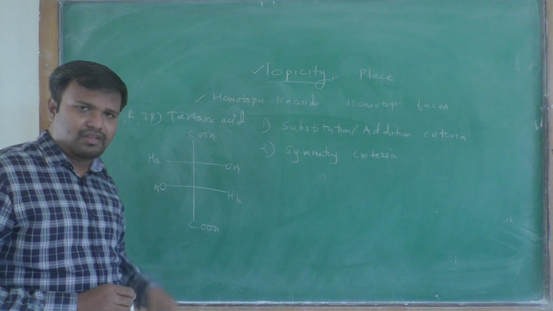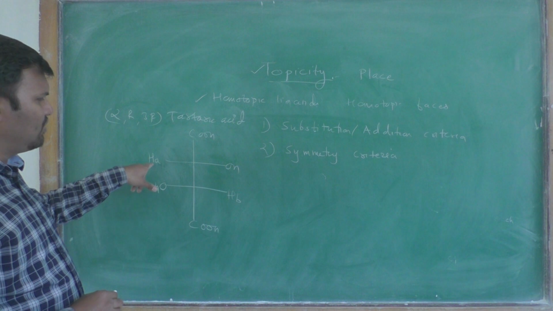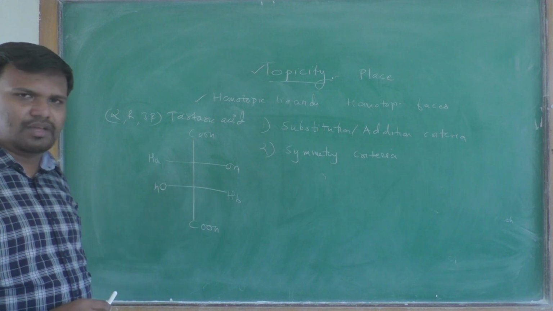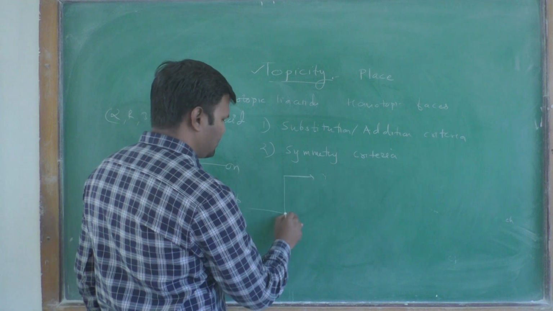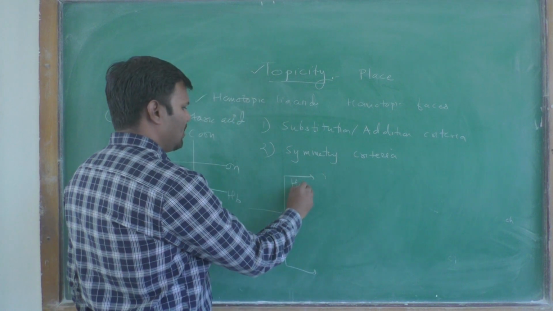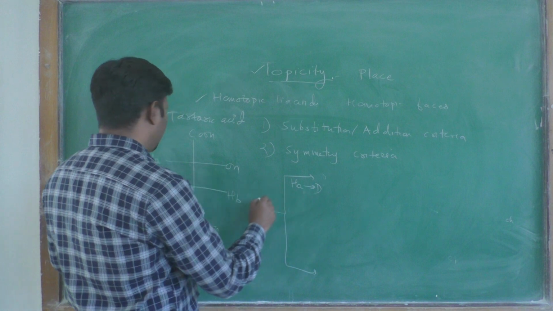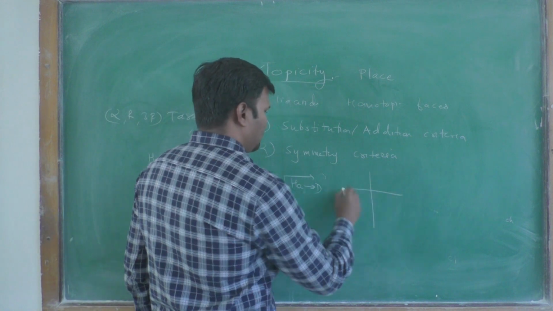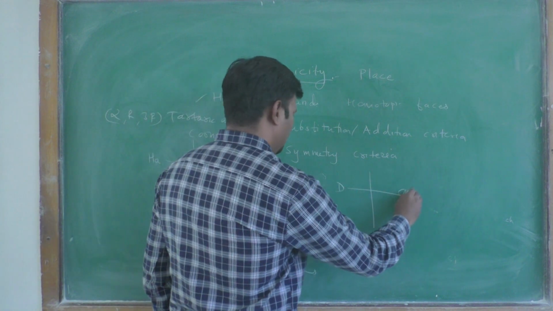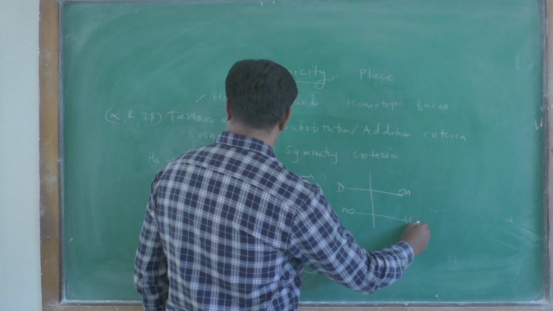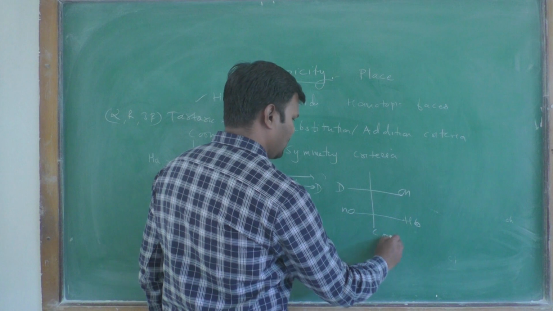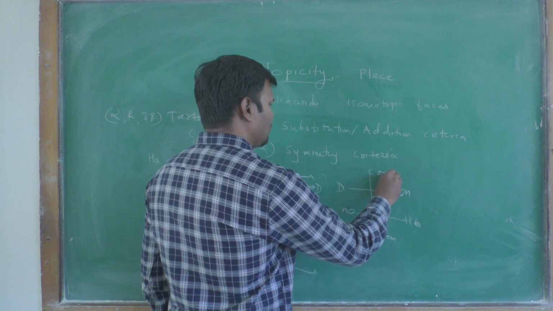In this case, when you replace HA with deuterium or HB with deuterium, you will obtain the same compound. In the first case we replace HA with deuterium, keeping OH and OH.